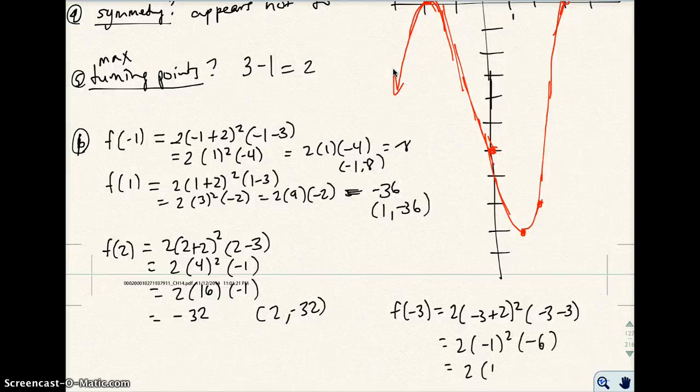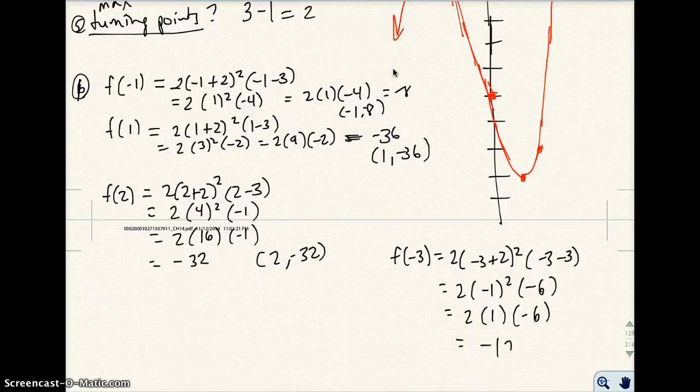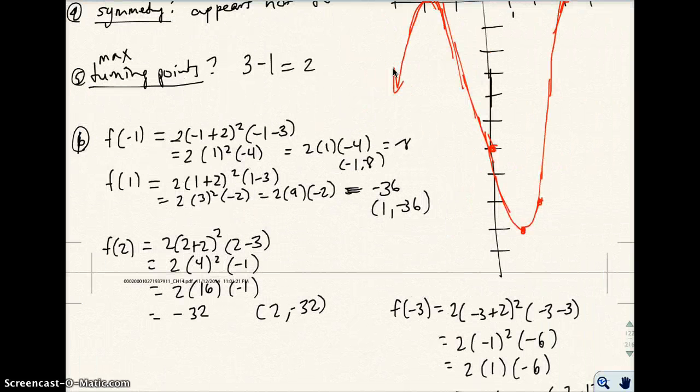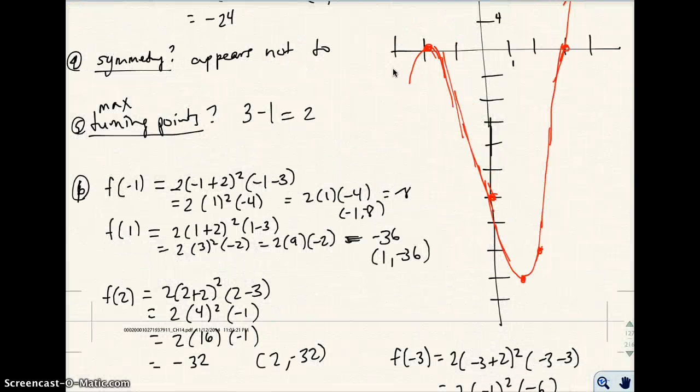I get 2 times 1 times negative 6, and I get negative 12, so (-3, -12). I want a better point there. (-3, -12) would be right here. Sketch it, something like this.